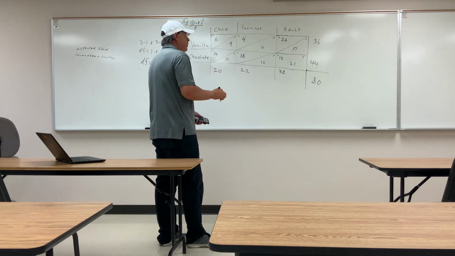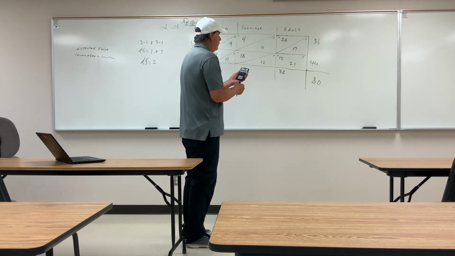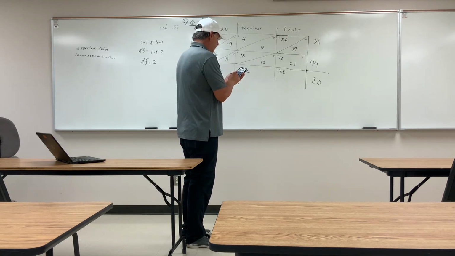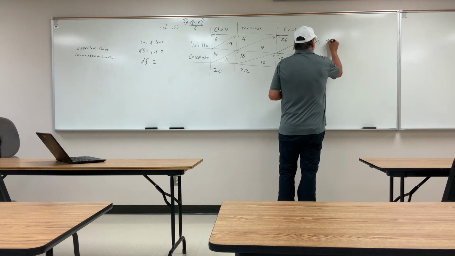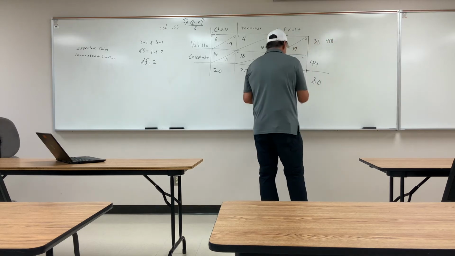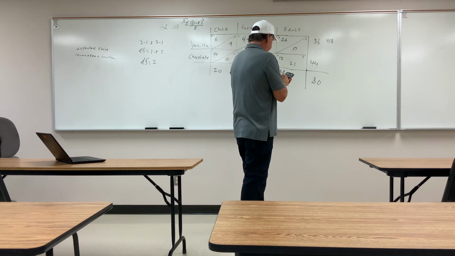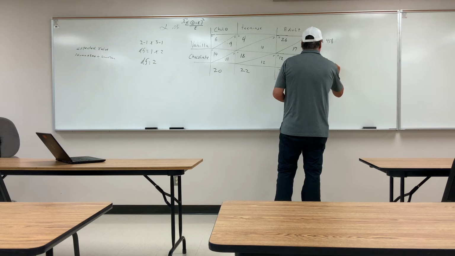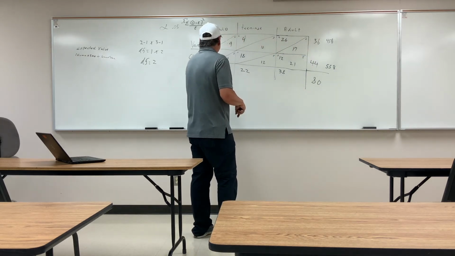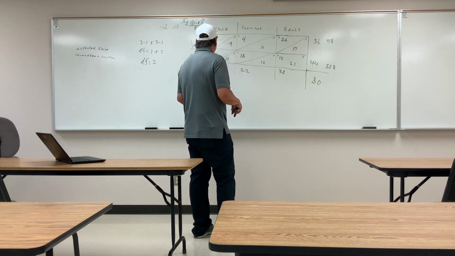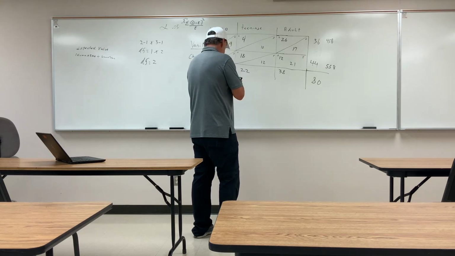Now, if I did it the old-fashioned way, like I did in the first example, I'll just take 36 divided by 80, gives me 0.45 or 45%. And I'll do the same thing here. 44 divided by 80 is going to be 0.55 or 55%. And I can take this column here, and I'll take 20.